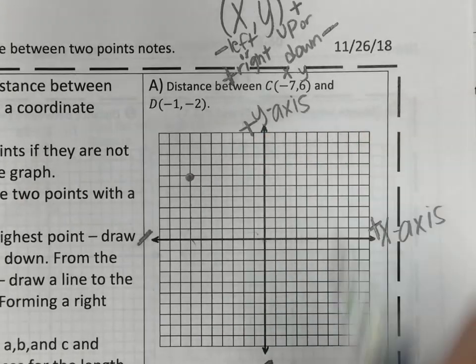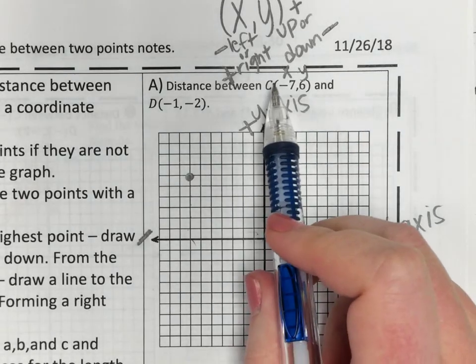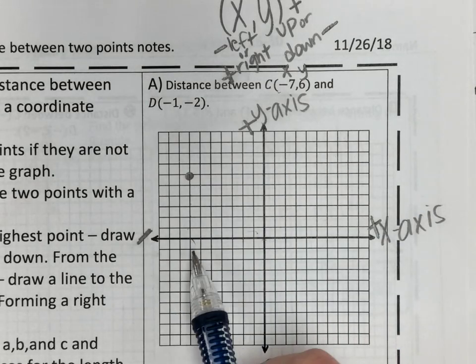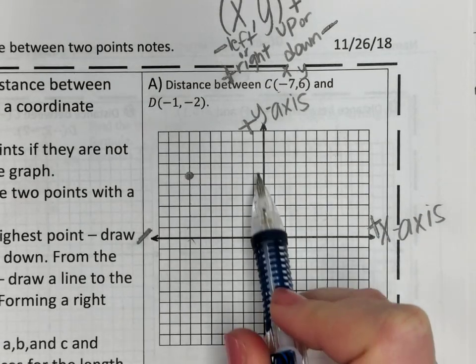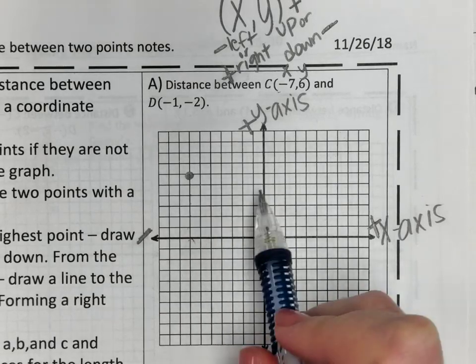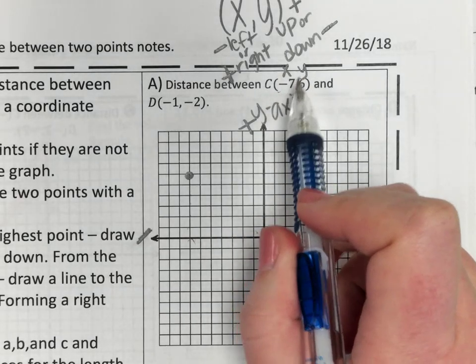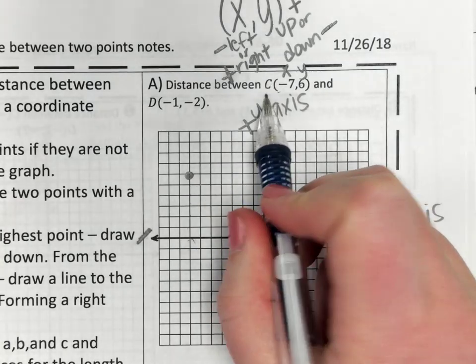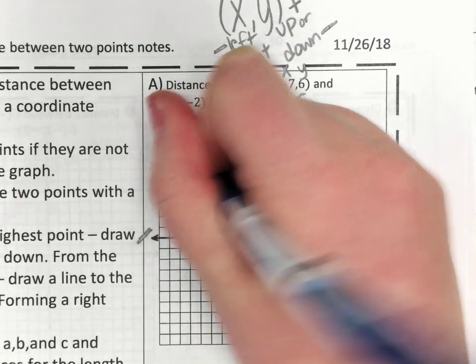Okay? We do not put a point until we have done both of these numbers. I had some people going left 7 and putting a point, and then going up 6 and putting a point, and so they had 2 points. This is 1 point. They go together. So left 7, up 6. This is point C, so I'm going to label it C.